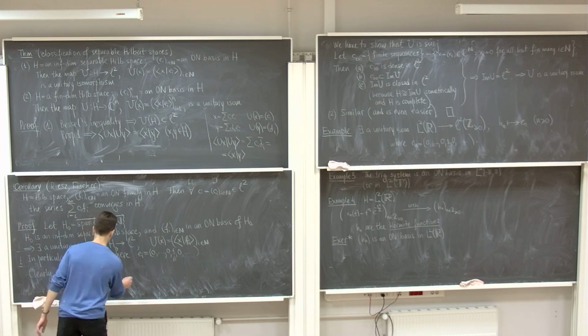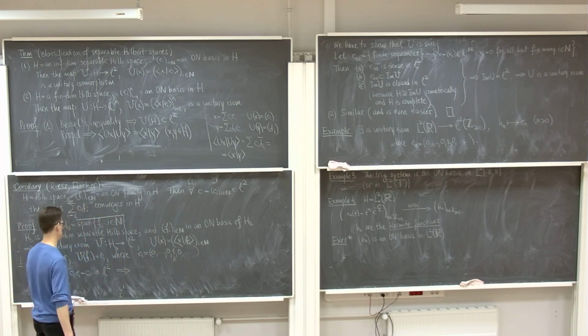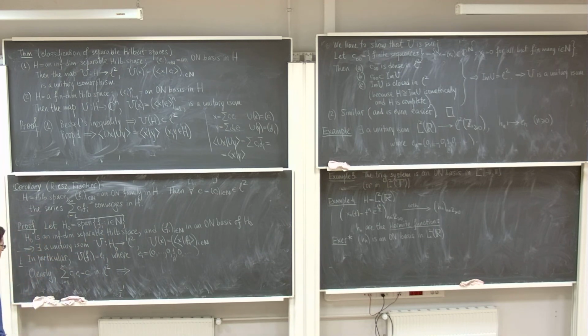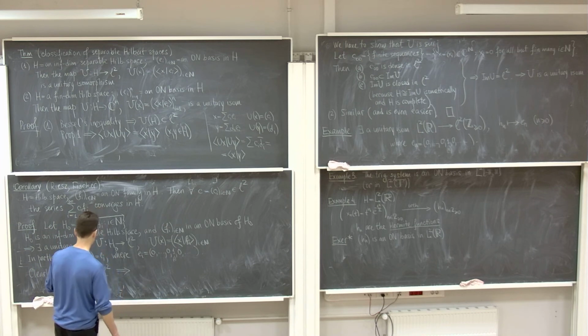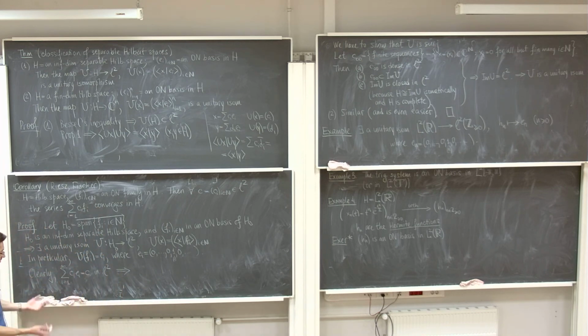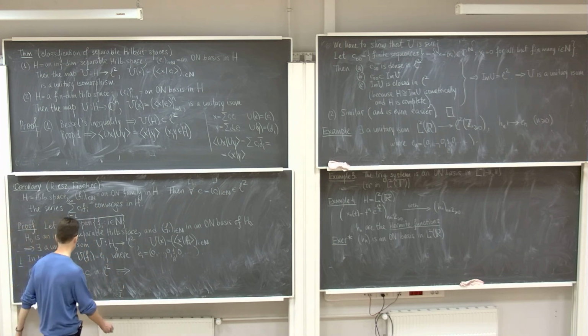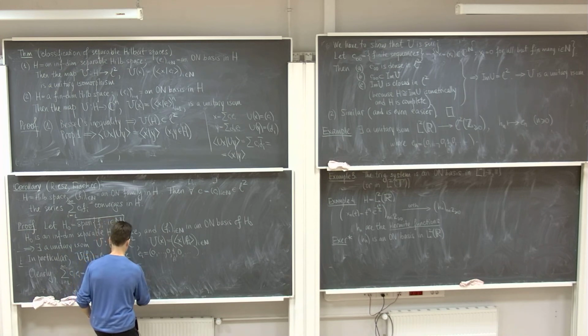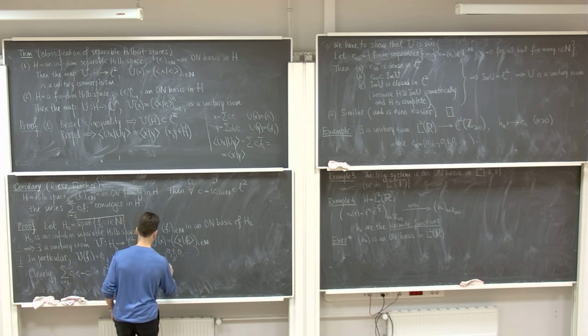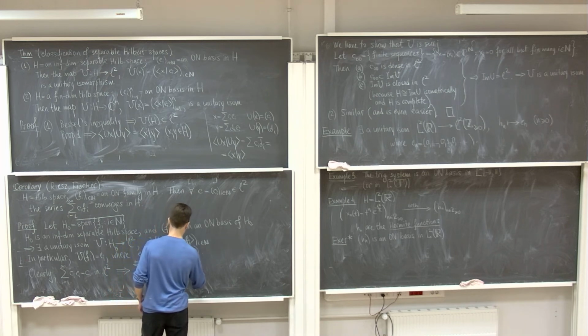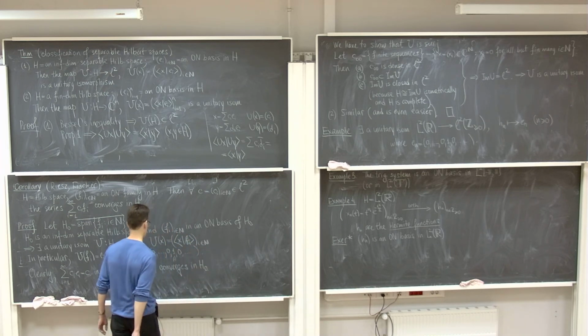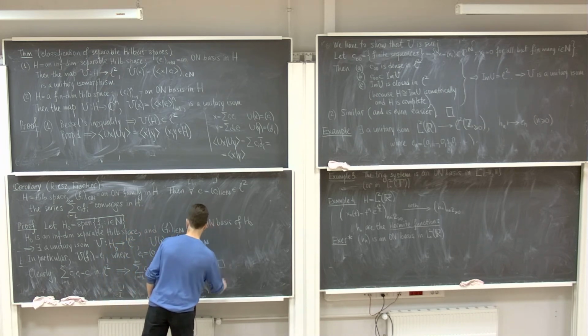And we apply U. So U is a unitary isomorphism. It takes convergent series to convergent series. Or more exactly, we apply U inverse. We apply the inverse map. And we conclude that the respective series in H, the series sum of ci fi, converges in H0, and moreover it converges in H. And that's it.